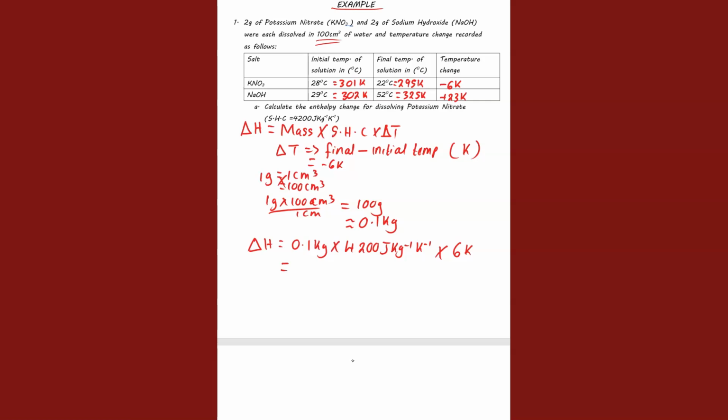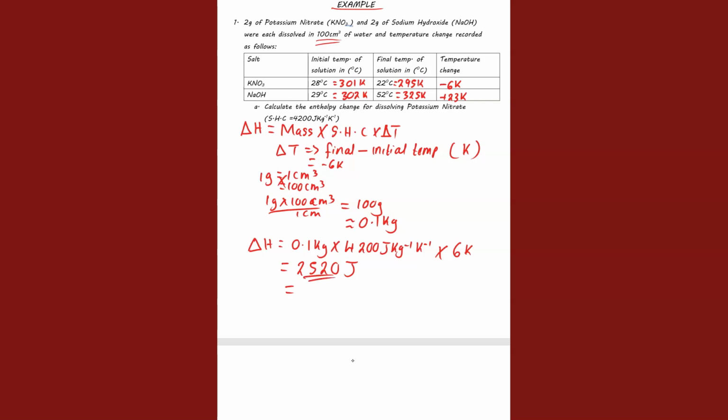Therefore, we get our enthalpy change as 2,520 joules. Now we can convert this into kilojoules by dividing by 1,000.